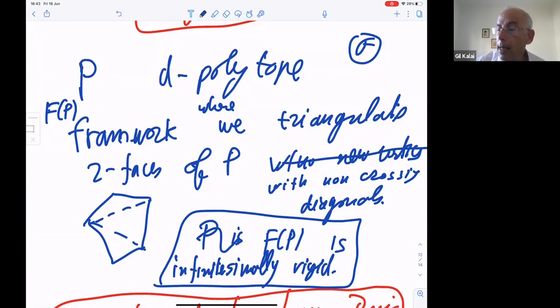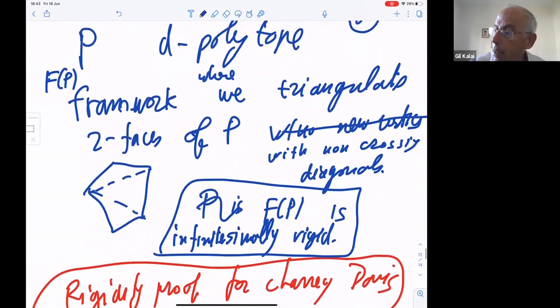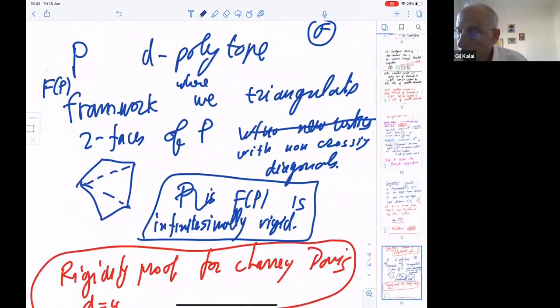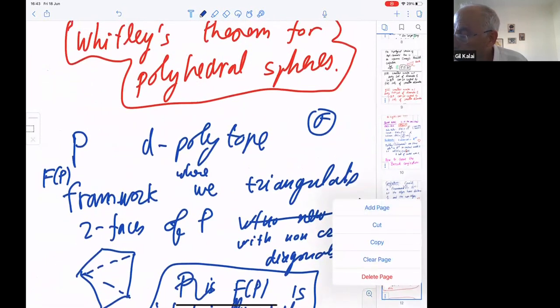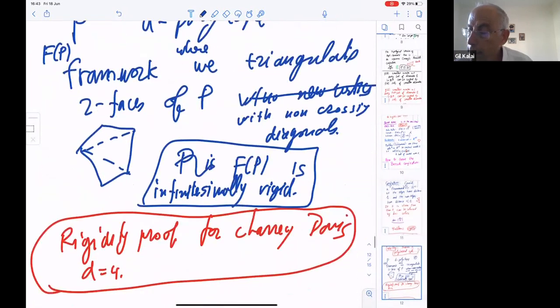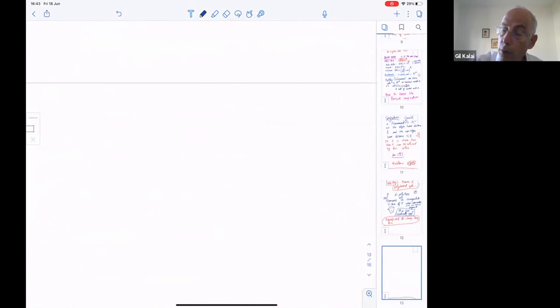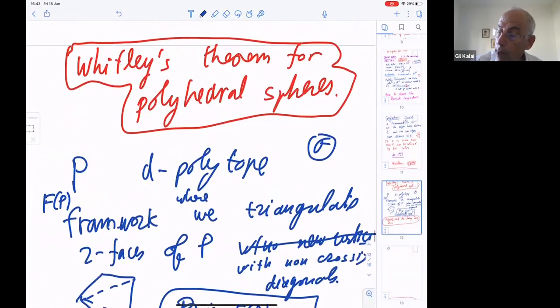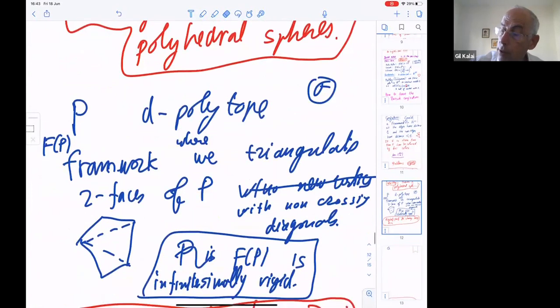So this is a very beautiful result. And one frustrating thing about this theorem is the question. So this implies that such frameworks based on simplicial polytopes are generically rigid.